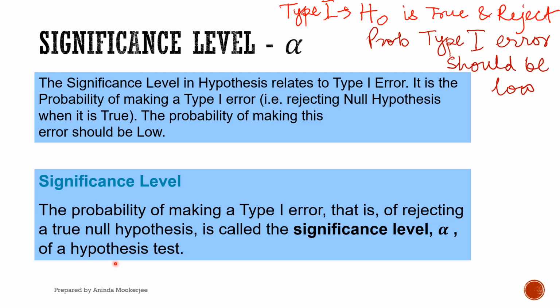Okay, so again over here it says the probability of making a type 1 error, that is of rejecting a true null hypothesis, is called the significance level alpha of a hypothesis test. Now, when we learn how to perform a hypothesis test step by step, this significance level alpha is going to come into play when taking a decision.